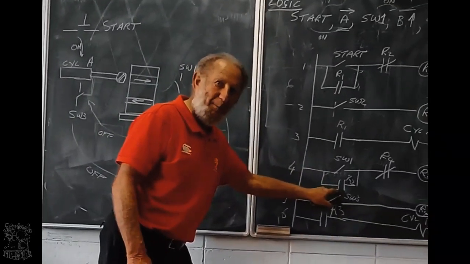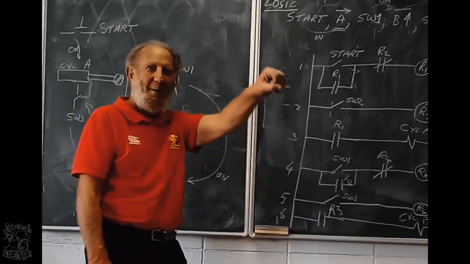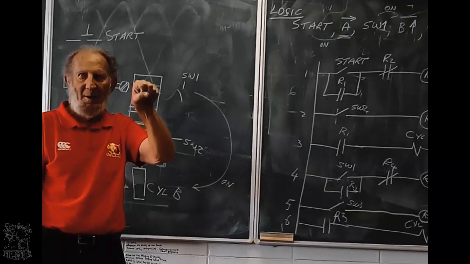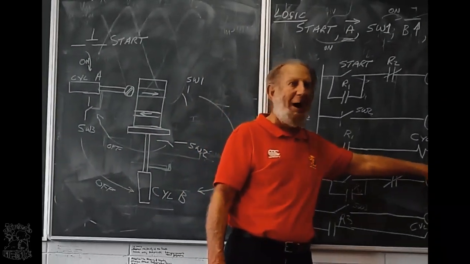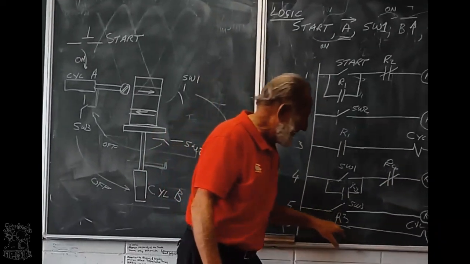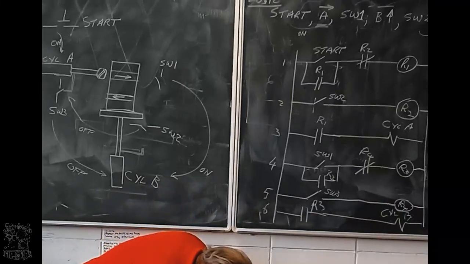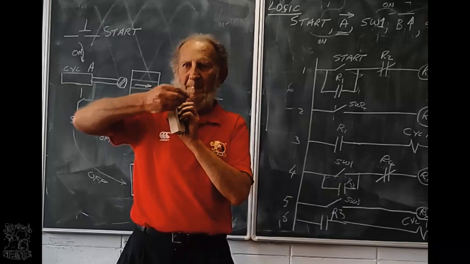And what is the problem? This is open. So both of these are open when it starts coming back. Do you see it? What happens if this is open? Relay 3 loses power, and that means cylinder B goes back. So, let me demonstrate. It's going to cut the first groove.